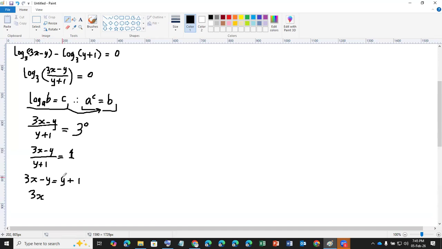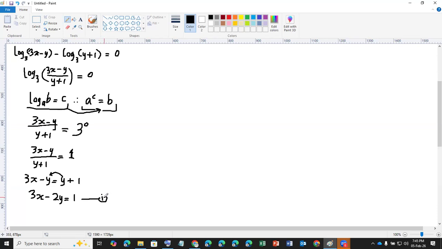When this y comes over to this side, it becomes minus y minus 1, that is minus 2y, and 3x minus 2y equals 1. All these things that we just did give equation 1.